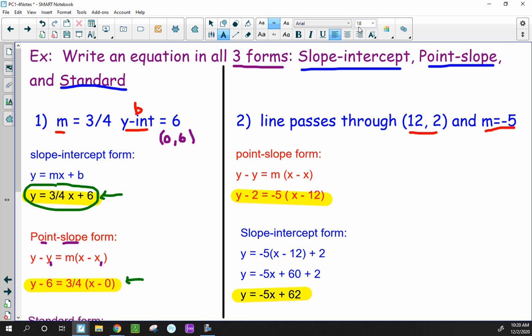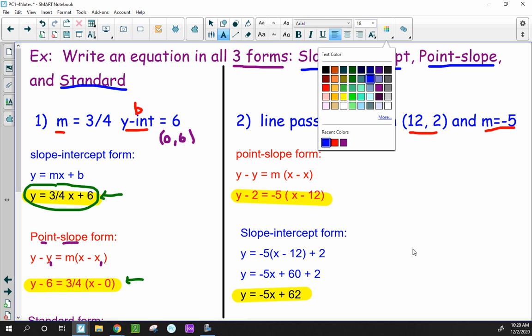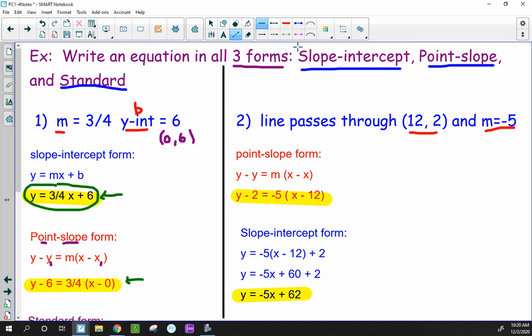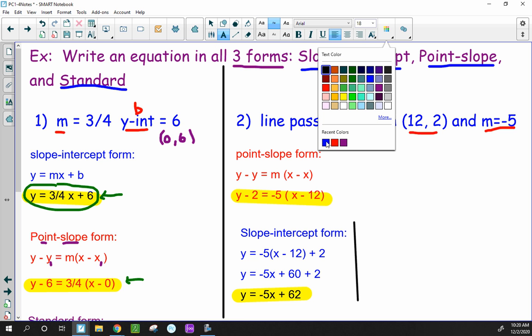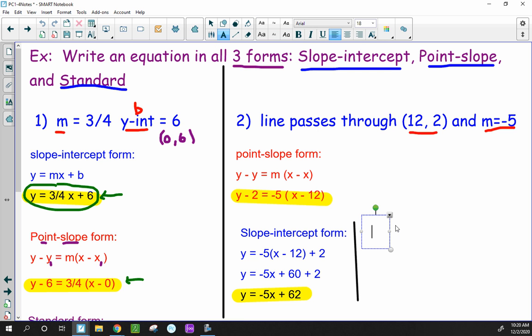And then while I'm on the same topic right now, I'm going to show you a way that you probably have been taught before as well for finding slope intercept form. So let me drop down my information from the original problem. I have (12, 2) and I have a slope of -5.